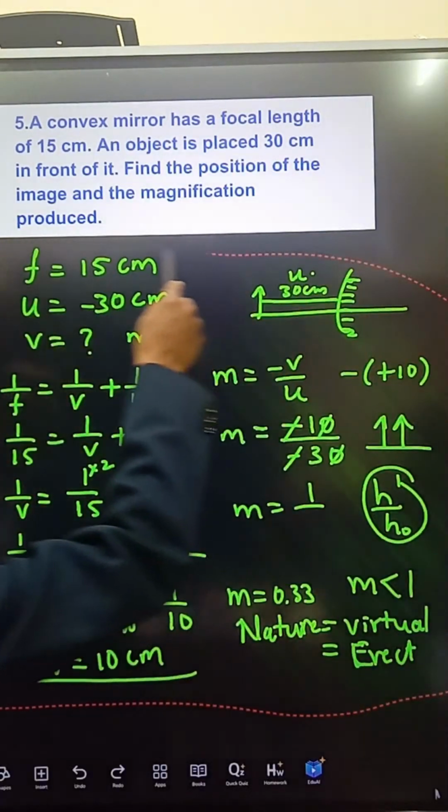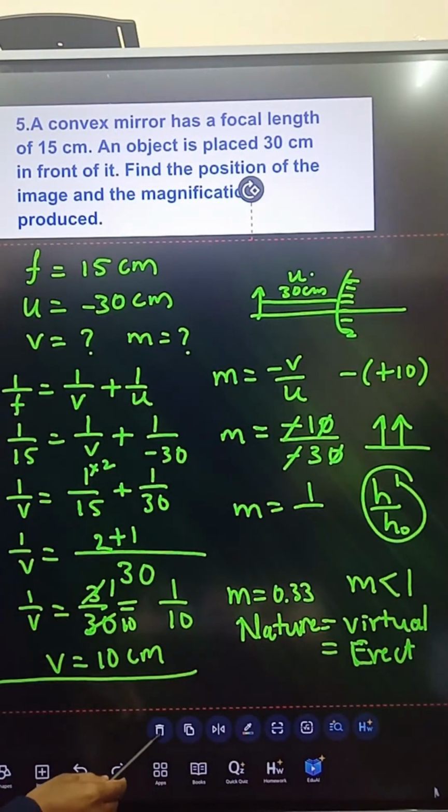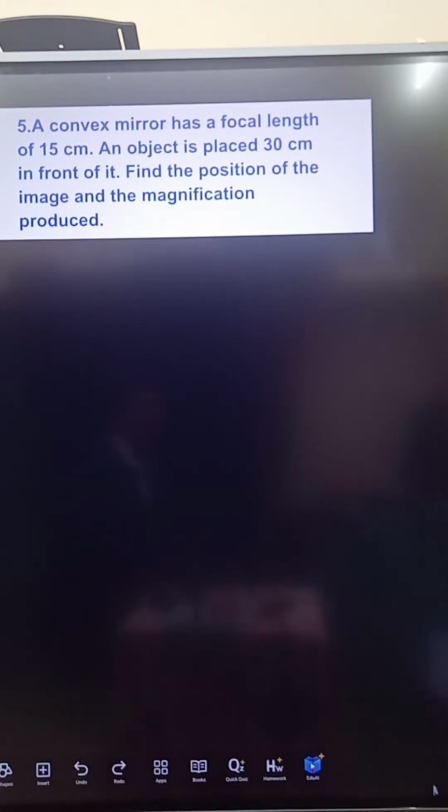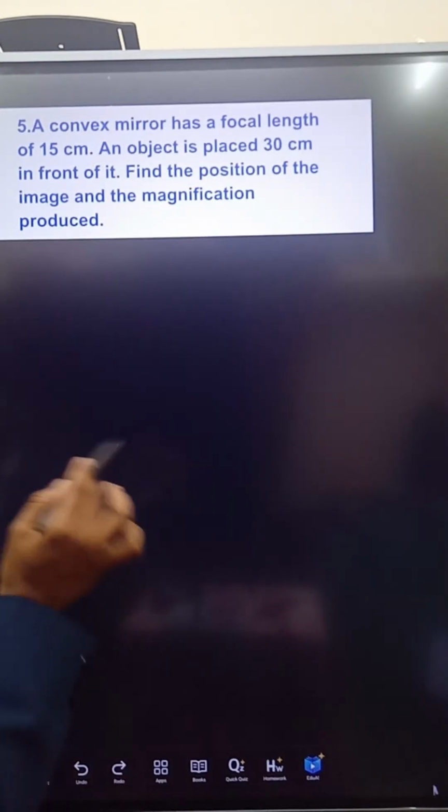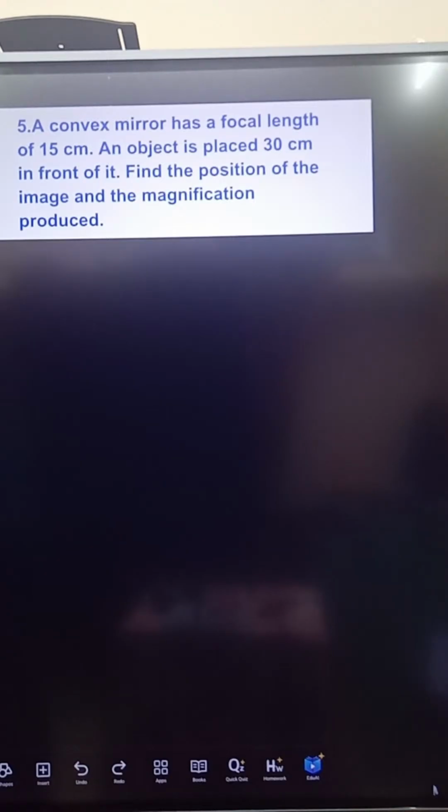Next, shall we go ahead with the next problem? If there is any doubt, you can ask me. Let's go ahead with the sixth problem. As I told you, it was wrong, so I have removed it, because the information in that problem was not correct.